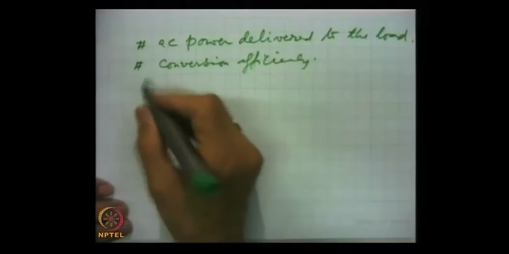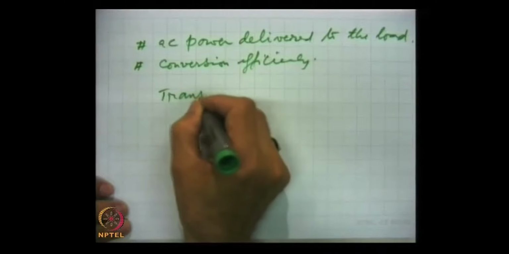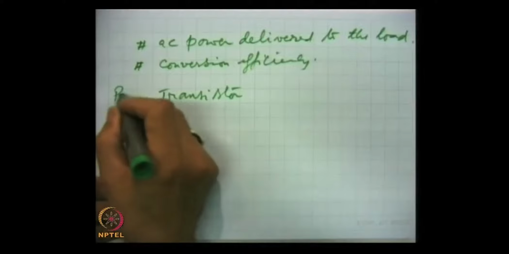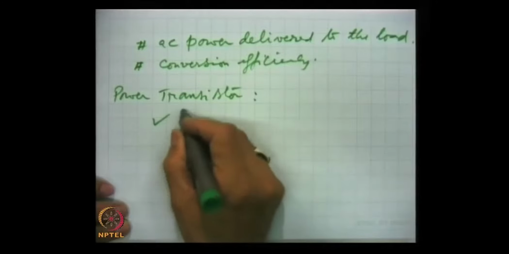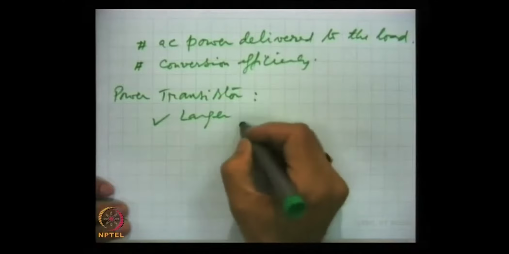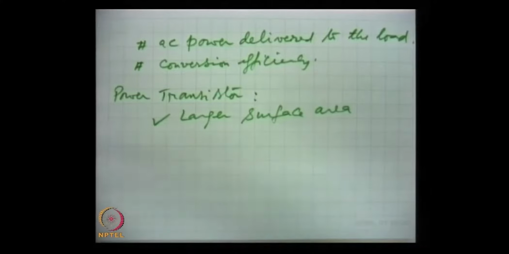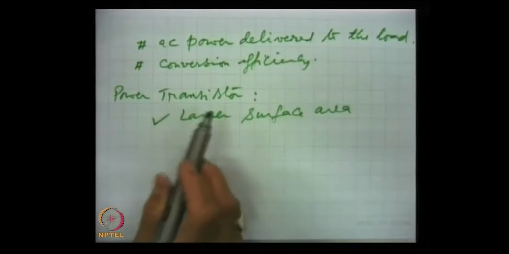So the power transistor should have a larger surface area as compared to small signal transistors, so that it can handle large powers.